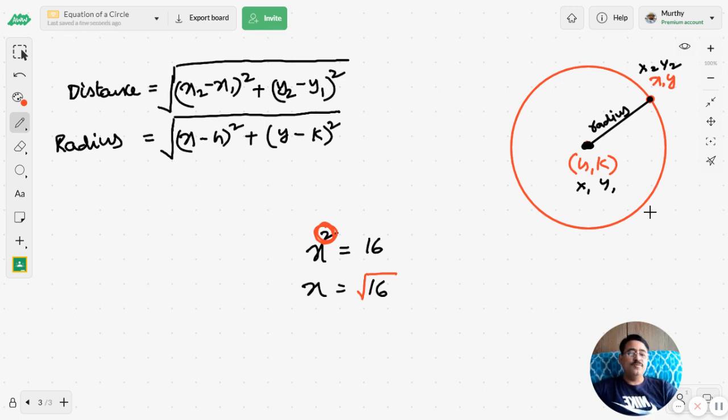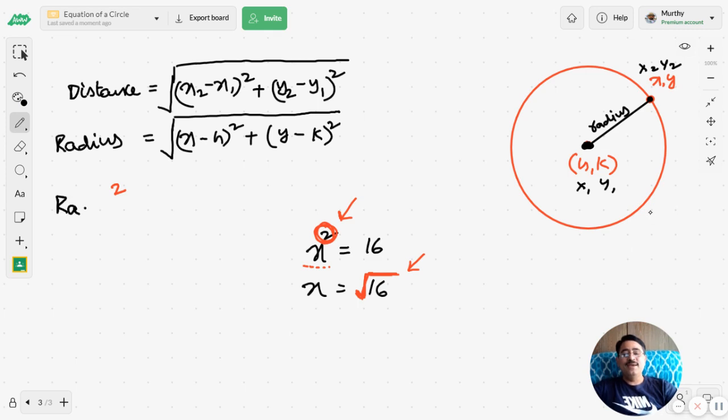When you want to eliminate square, on the other side we take square root. The other way around, if you want to eliminate square root, on the other side of the equal to, you have to take square. Now, I want to get rid of this square root. So on the other side, I have to take square.